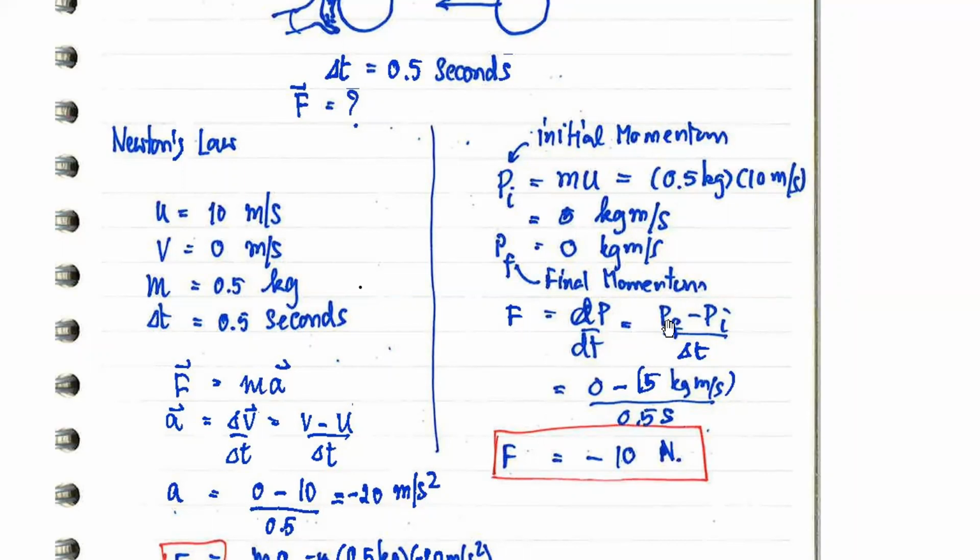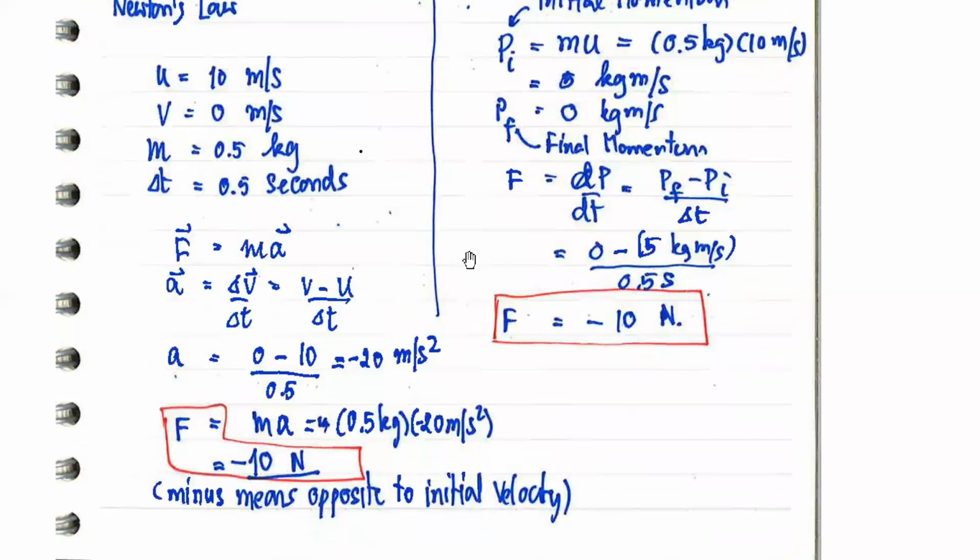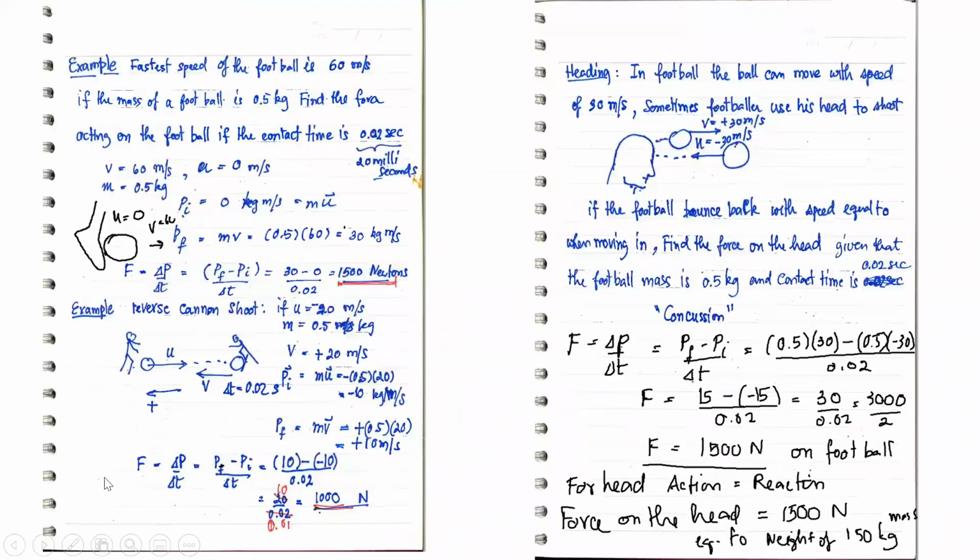You get Pf minus Pi over delta T, or 0 minus 5 over 0.5. Then the answer is also 10 newtons. So it's simpler in a way and shorter to work. So let's check another two examples.